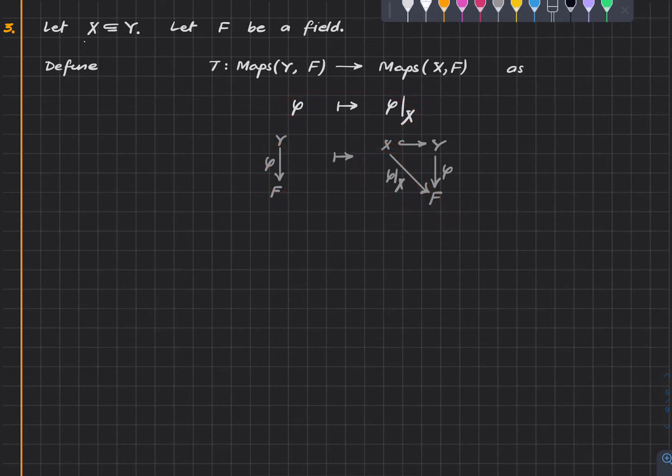And T is a linear map. So T is linear. This is very easy. Let me just try to write down the steps for summation.